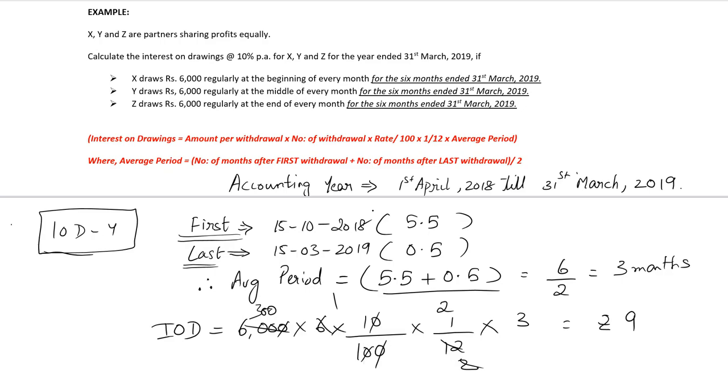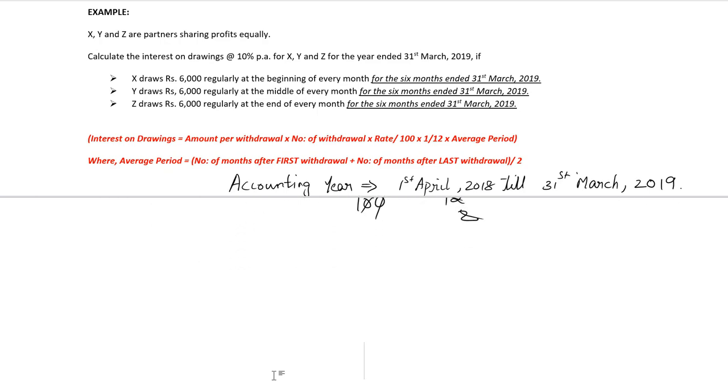Answer for interest on drawings 900 rupees. Let's go to the interest on drawings for Z.